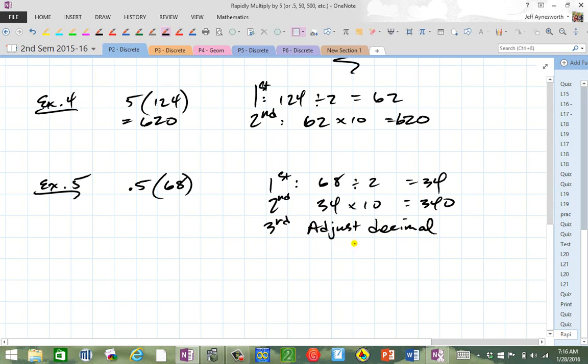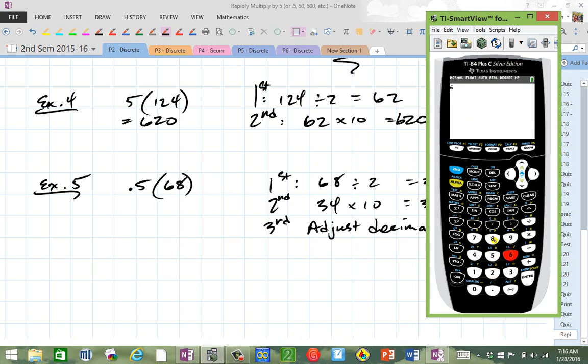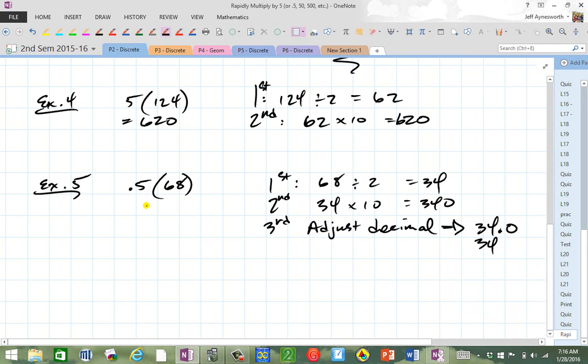Okay, so the answer is, let me see, there's one digit to the right, so you've got to adjust the decimal, so the answer is 34.0 or just 34. Let's check that. Okay, so 68 times 0.5, boom, all right, 34. That should make sense too, because 0.5 is a half, and a half of 68 is 34. Okay, so that's not too bad.